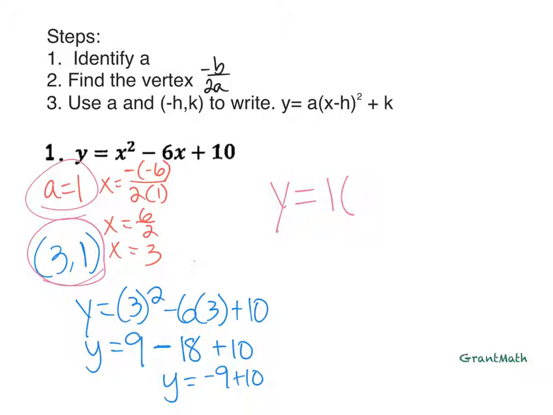Remember how the signs are different? It's not going to be x plus 3, because it's in parentheses, we change the sign. Squared plus 1. So the pink circles here are the only information you need, and then you write your vertex form. We're not even graphing today. All we're doing is writing the formula, the vertex form.